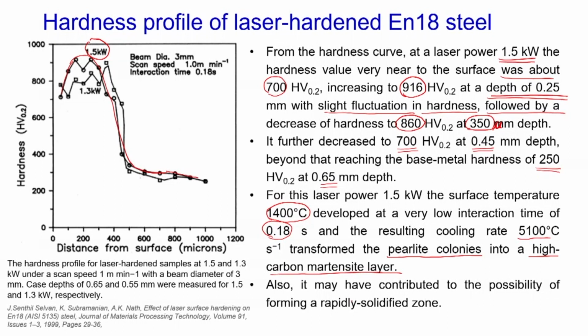Moreover, this enhancement in the hardness value was also noticed due to the possibility of forming a rapidly solidified region. So, there is a rapid solidification during this operation that also led to a hardened layer.